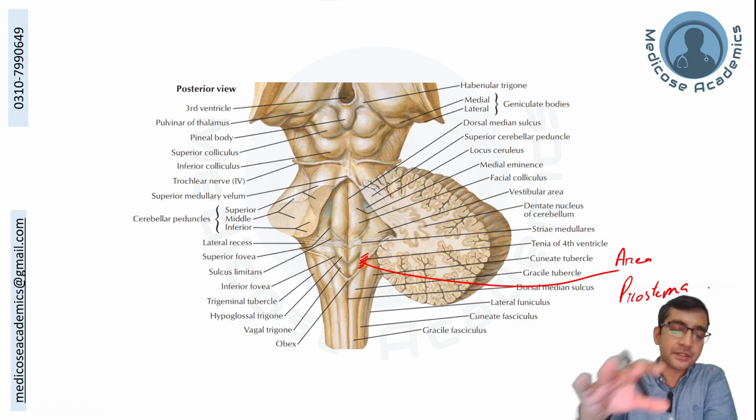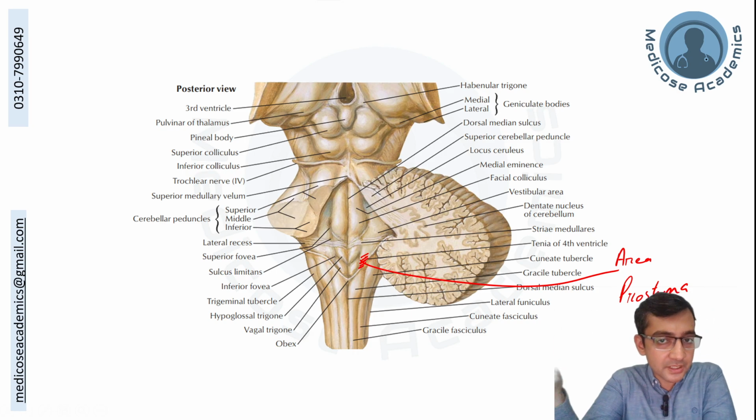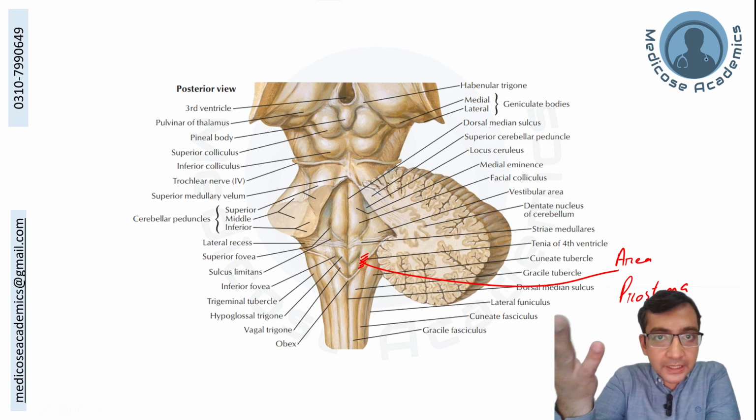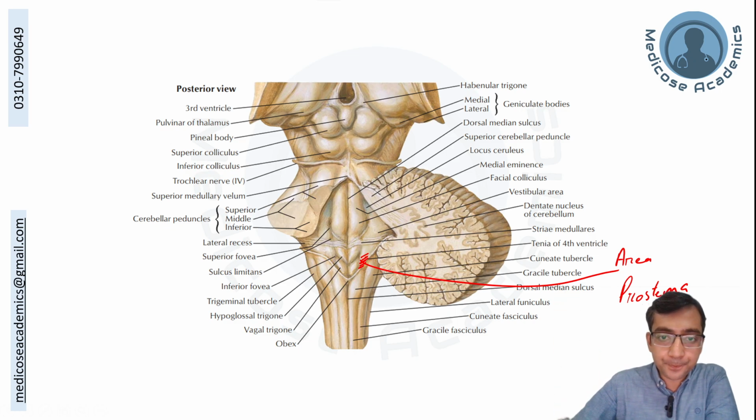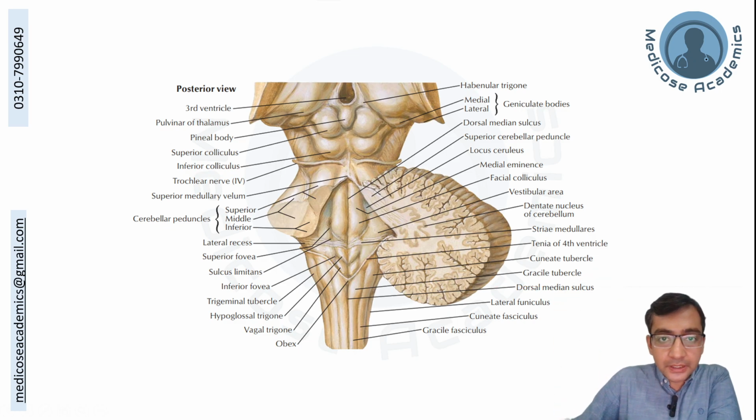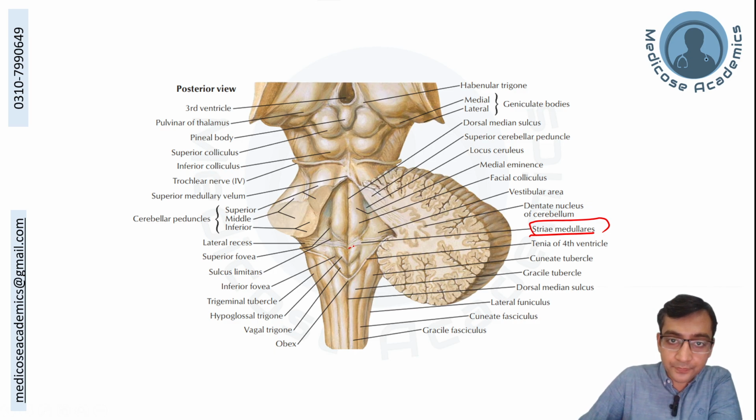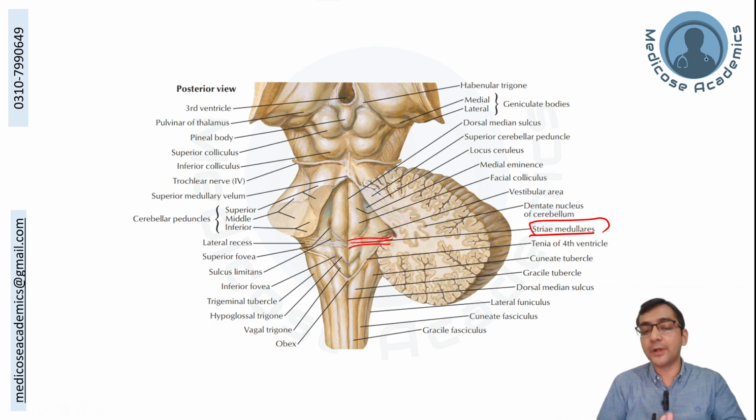This is the area that is responsible for chemosensation and the vomiting reflex and things like that. And last but not least, the one that we already discussed, the stria medullaris. These are the horizontally running fibers coming from the arcuate nuclei on the way to the cerebellum. So these are the features that you are going to see on the posterior aspect of the medulla oblongata.